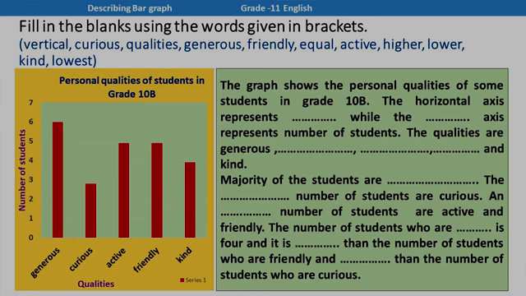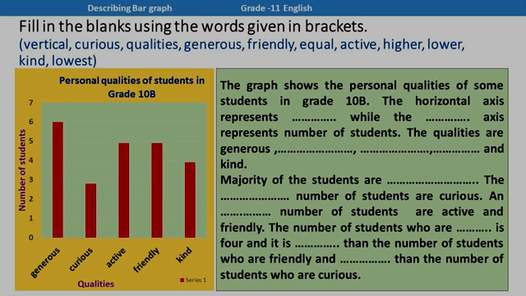The graph shows the personal qualities of some students in grade 10B. The horizontal axis represents blank, while the blank axis represents number of students. The qualities are generous, blank, blank, blank and kind. Majority of the students are blank.